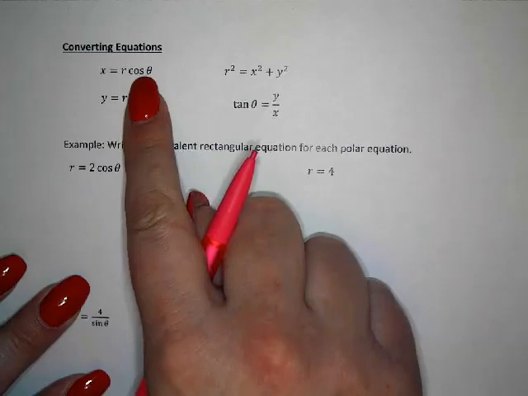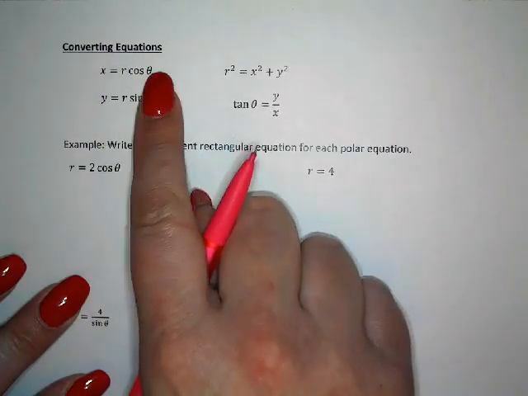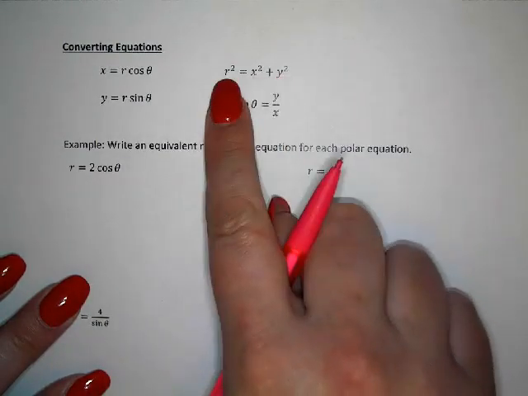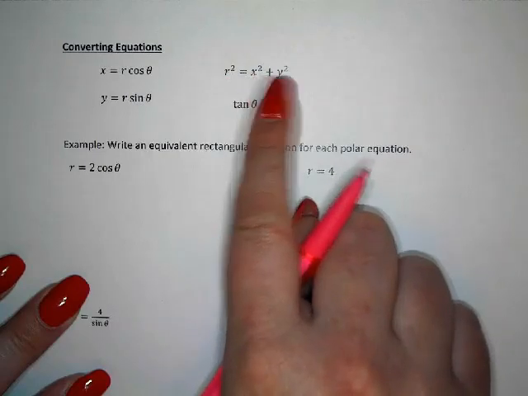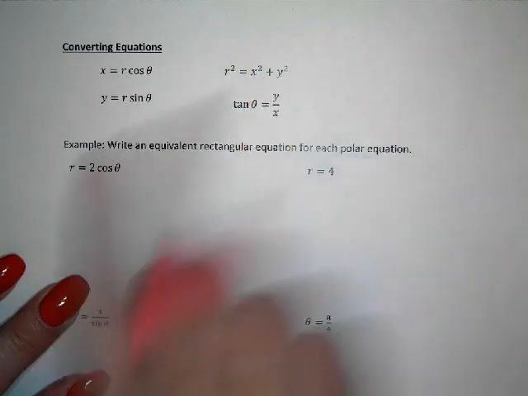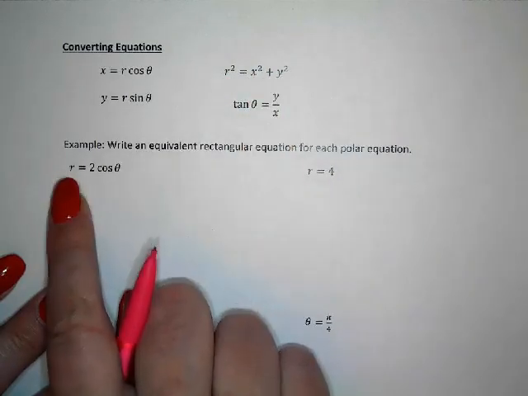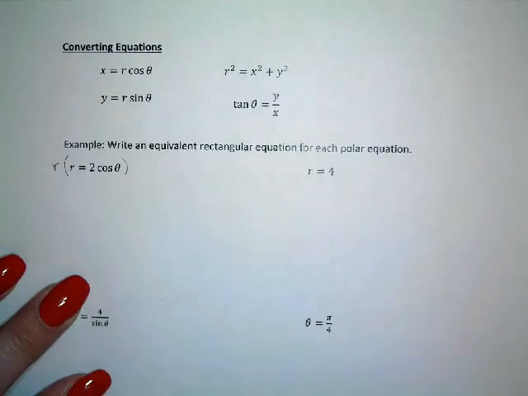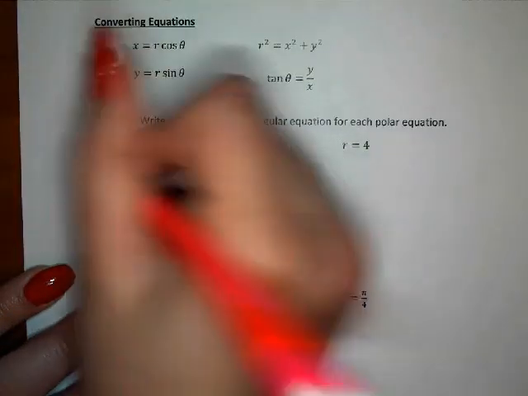So with this first one, we have something that we can replace r cos theta with, but nothing that we can replace cos theta with. Similarly, over here, we can replace r squared with something that's in terms of x and y, but not just a plain r. And so what I'm going to do is I'm going to take this entire equation and I'm going to multiply it by r, the left side and the right side.